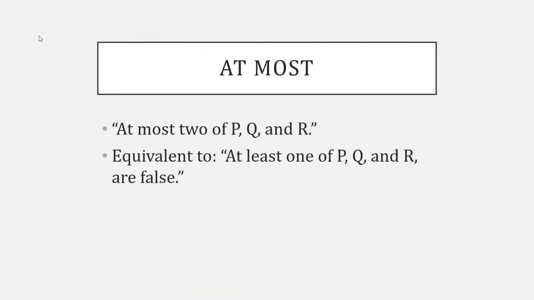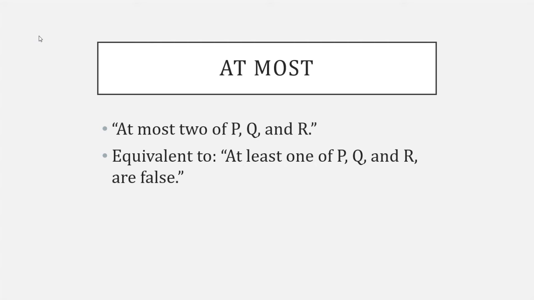You could symbolize it that way, like P is true and Q and R are false, or Q is true and P and R are false, and so on. You could do this big, long, complicated thing. Or you could notice that that sentence is just equivalent to at least one of P, Q, and R is false, which is easy to symbolize.